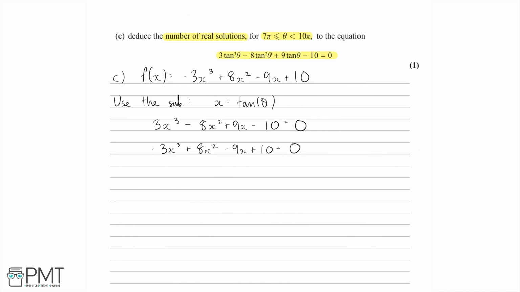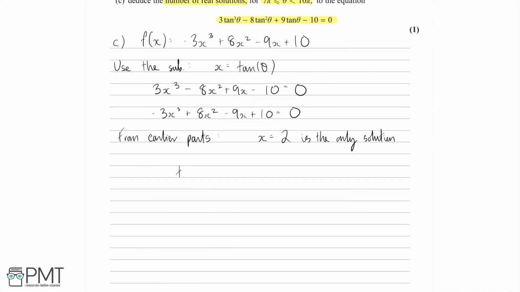And now we know how to factorize and solve this from earlier parts. Now from the earlier parts, we know that the only solution to this equation is x equals 2. And now we need to find out the values for theta in that range.